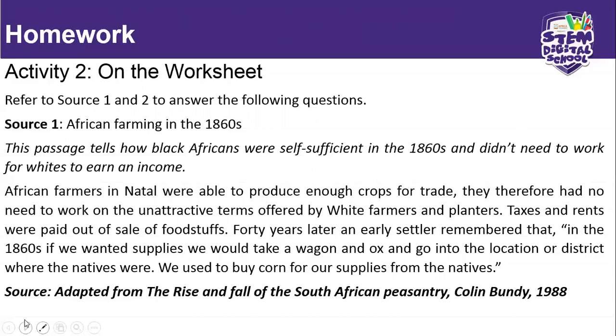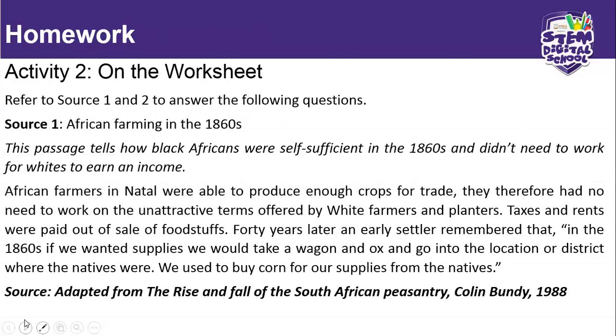40 years later, an early settler remembered that in the 1860s, if we wanted supplies, we would take a wagon and ox and go into the location or district where the natives were. We used to buy corn for our supplies from the natives.